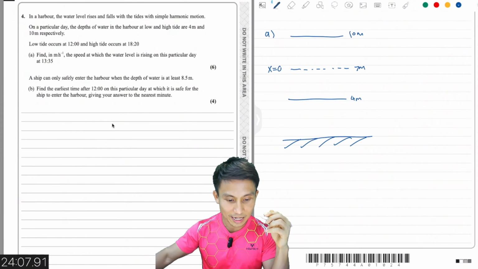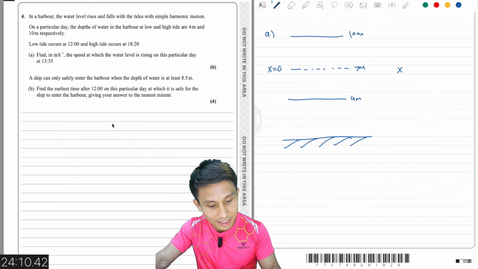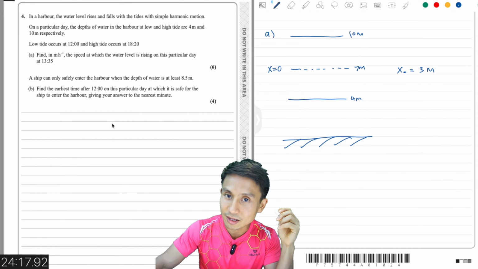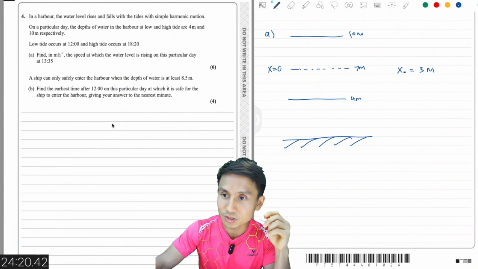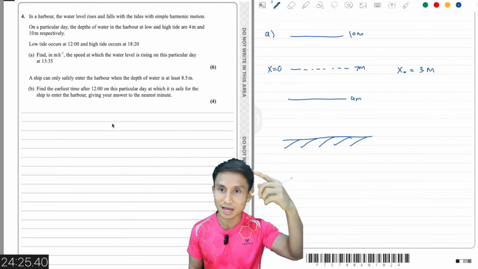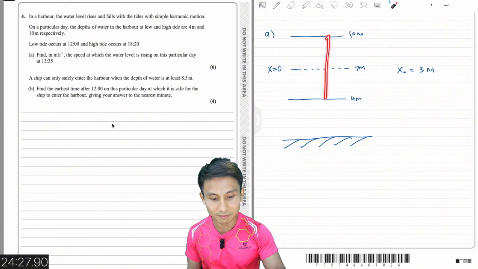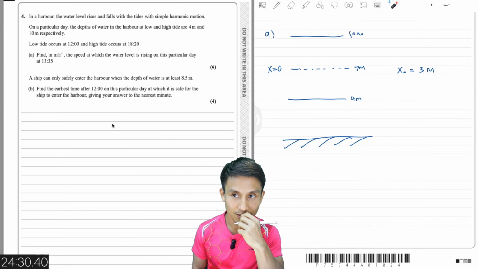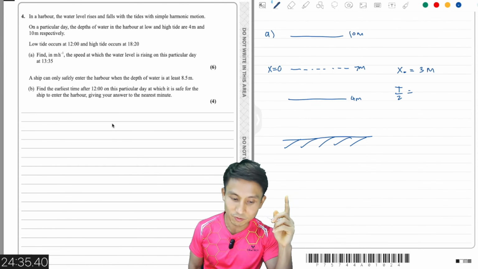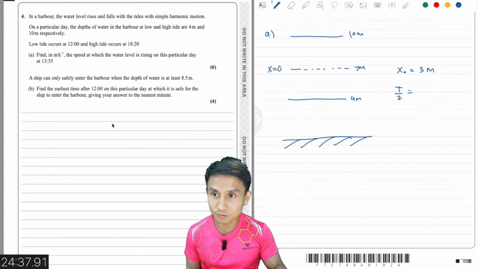And then we know that we already got the amplitude here. So x0, which is the amplitude, is just 3 meters. And we also know the time, right? Because from low tide to high tide, I'm guessing that's going to be half the period. So T over 2, which is half the period, is 6 hours and 20 minutes.